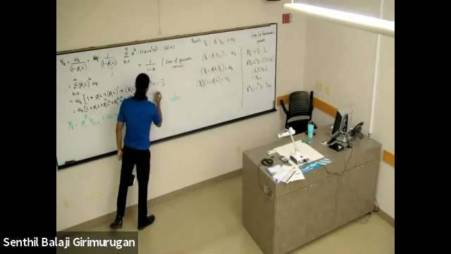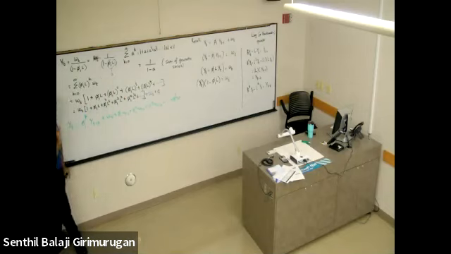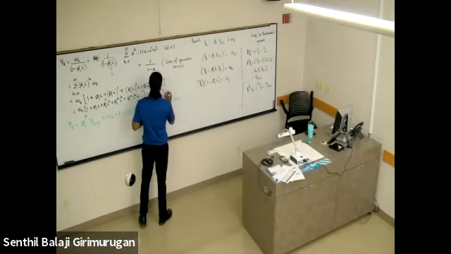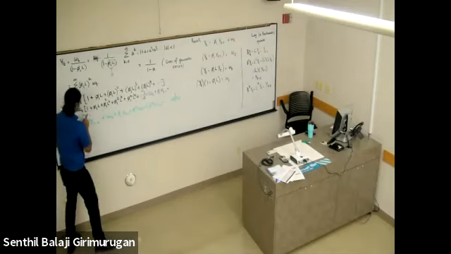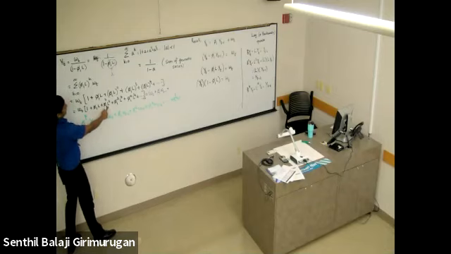Phi1 is a constant. What would happen to the index t if I apply L once? T minus 1, so W t minus 1. What would happen to the index t if I multiply by L squared?